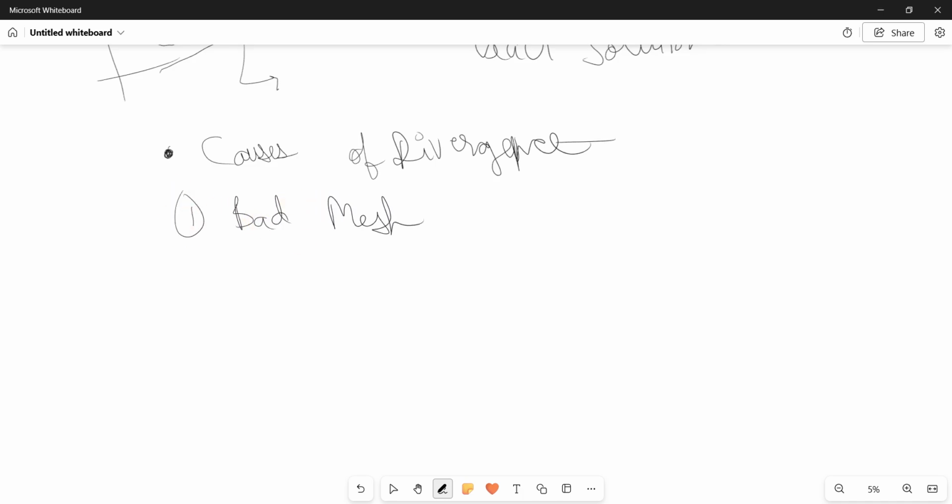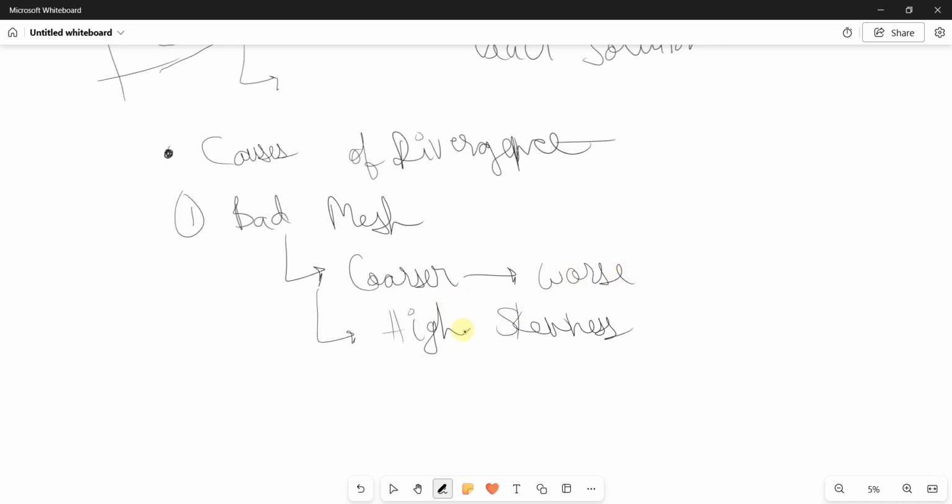If you have given a very coarse mesh, then it's worse because you are not accurately resolving each of the geometry. And again, you have metrics. If you have high skewness, if you remember what I told, skewness means how distorted it is. So high skewness means highly distorted. And you can have poor orthogonality.